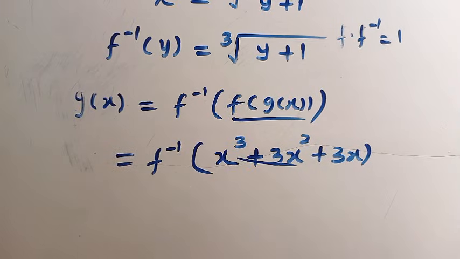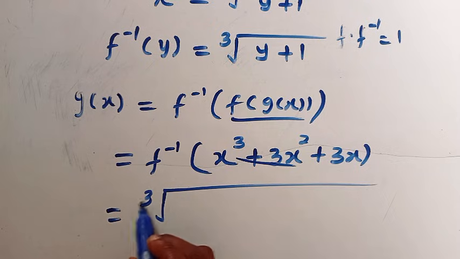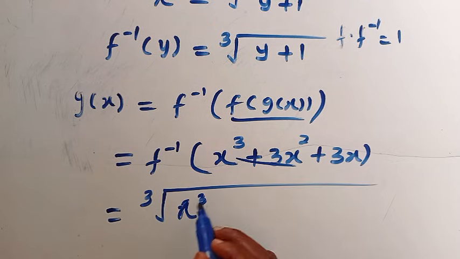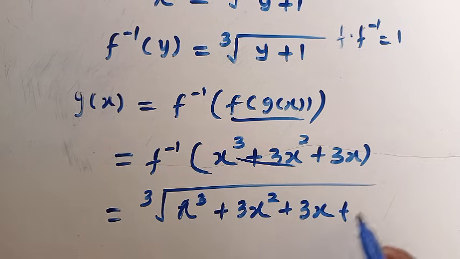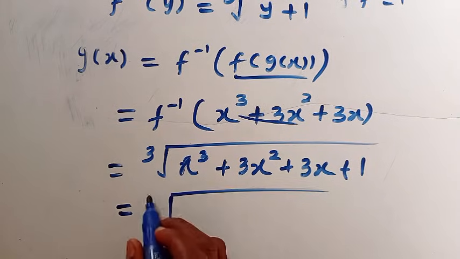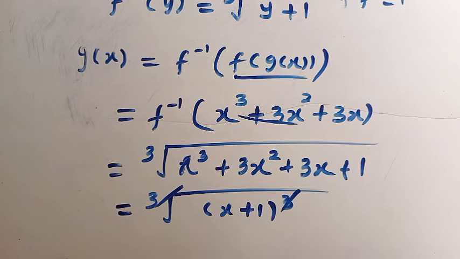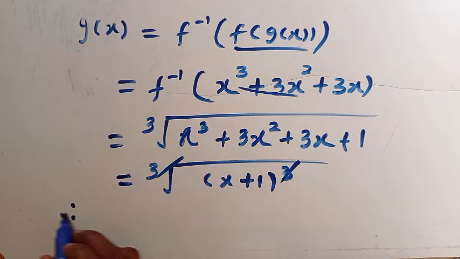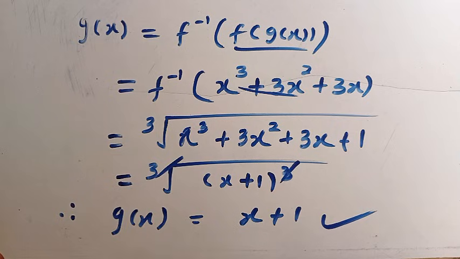So instead of f inverse, we have the cube root of the whole of x cubed plus 3x squared plus 3x, then plus 1. If you compress these together, we have the cube root of x plus 1 all raised to power 3. When we cancel this, we have our answer: g of x equals x plus 1. Make sense? So let's see the last method.